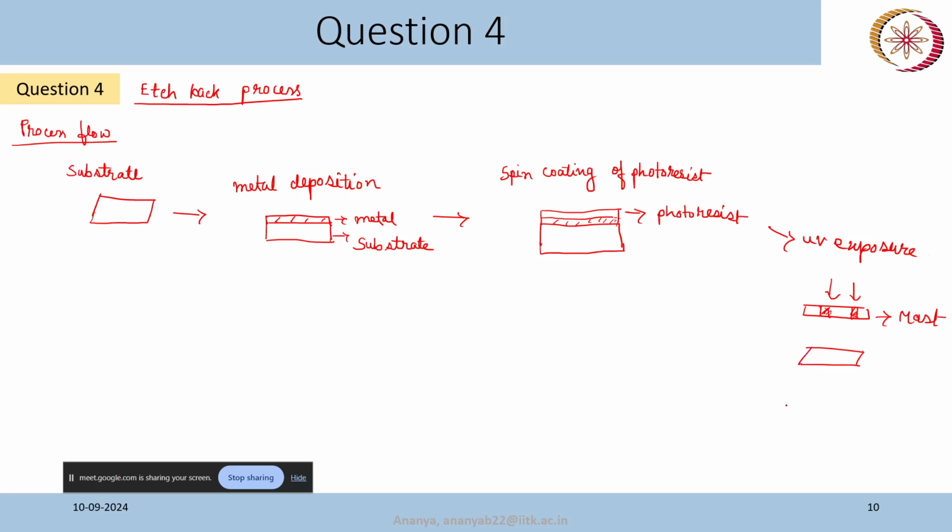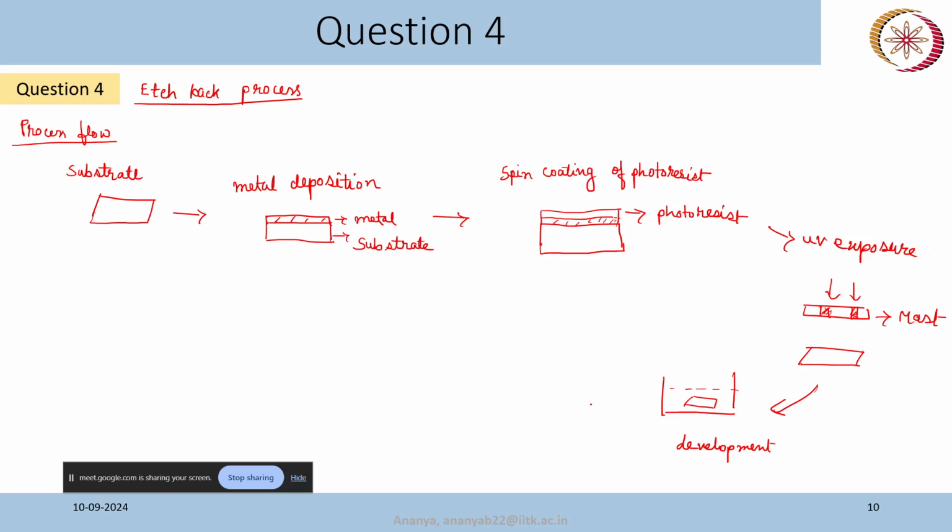After that you will do development. You will dip your sample in a developer solution. Now if it is a positive photoresist, you will have photoresist in the dark areas, and in other areas it will be gone.